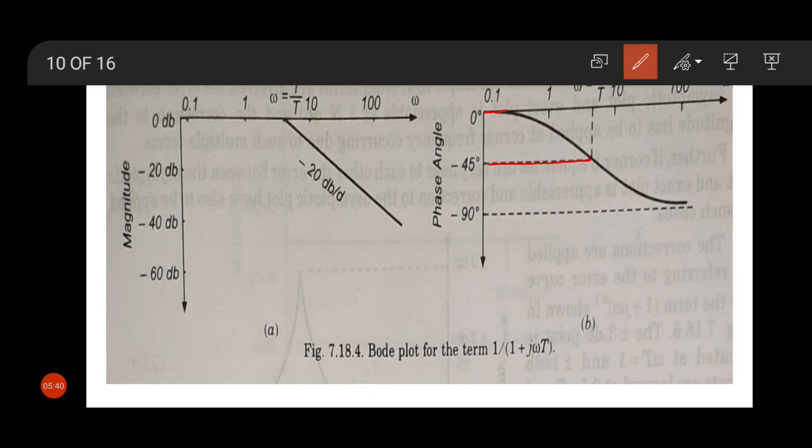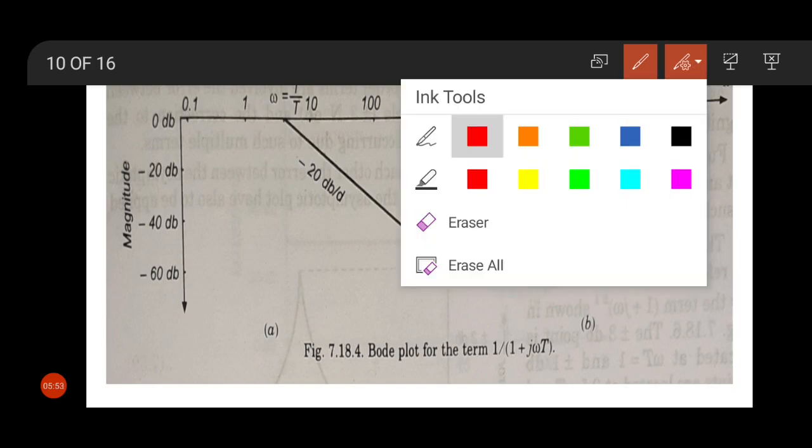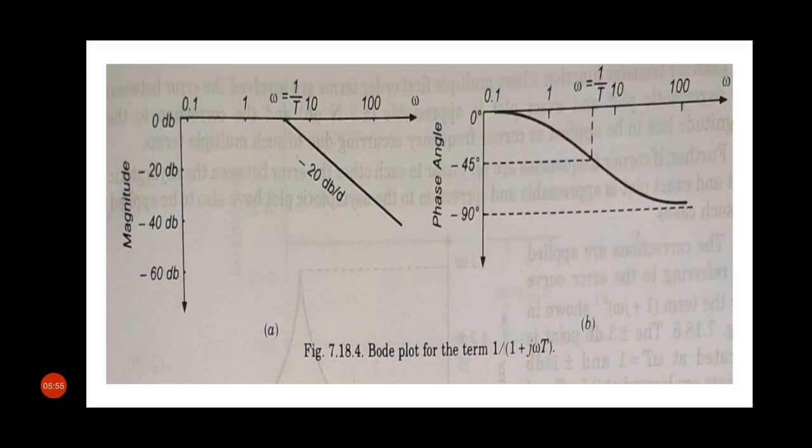And when omega t is very large, that means very high frequency, then phi equal to minus 90 degree. So the graph for phase angle is shown in figure B.